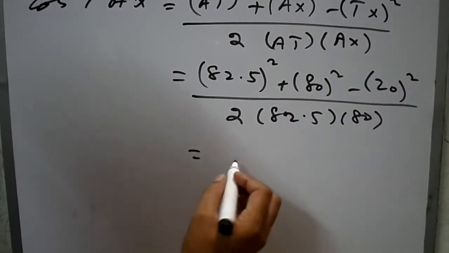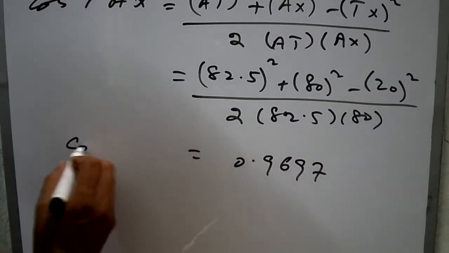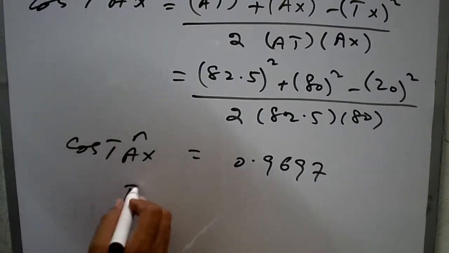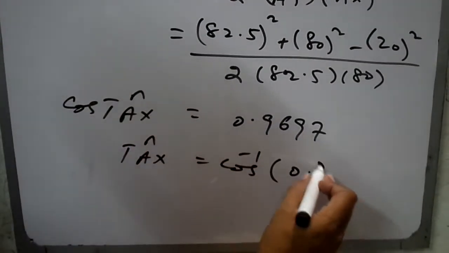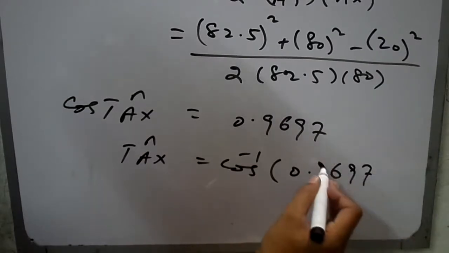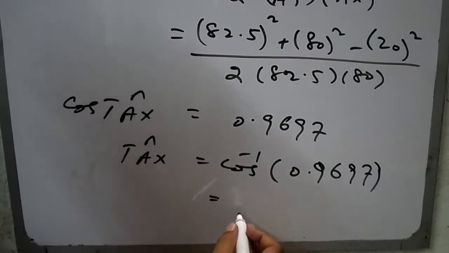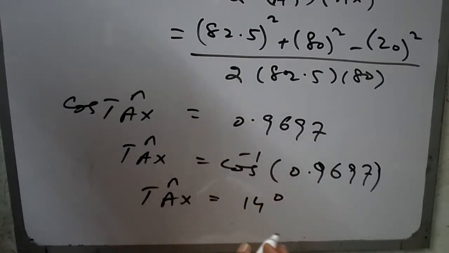So the value is 0.9697, that is your cos TAX, but we need only TAX. So cos inverse, sorry, you will get 14 degrees. So that is your result.